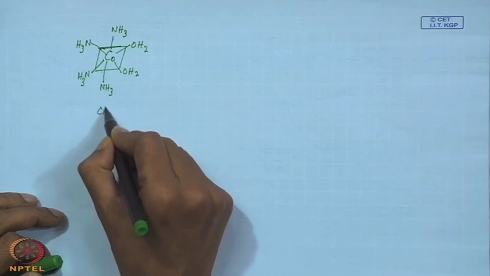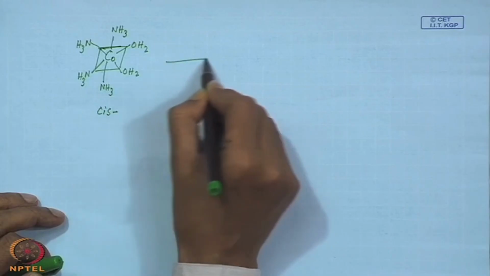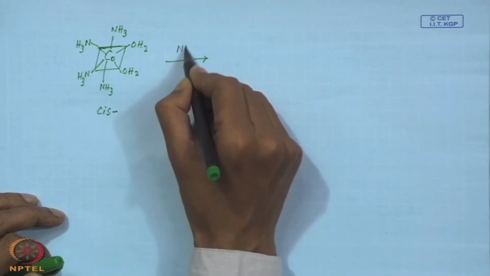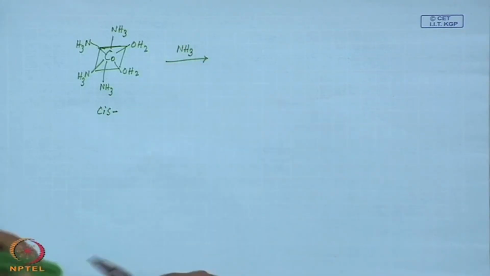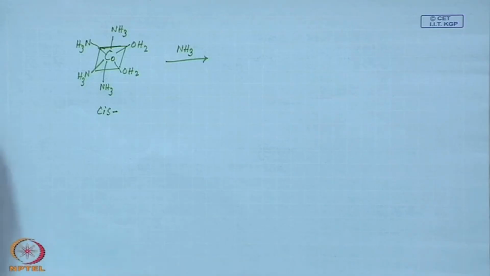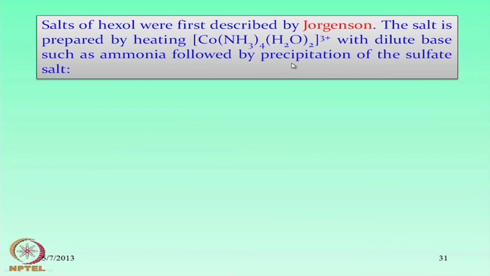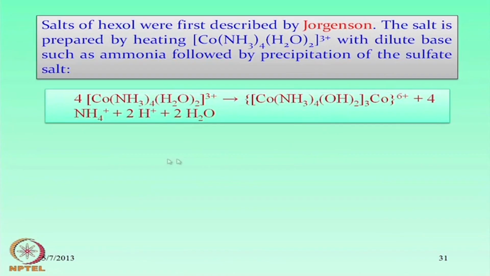So if we take the cis compound and heat it with ammonia, what happens? The compound we get can be precipitated as its sulfate salt, because if it is cationic we need some anions to get it precipitated.